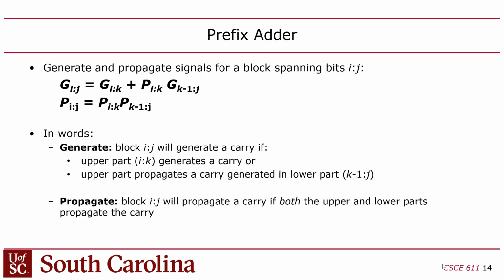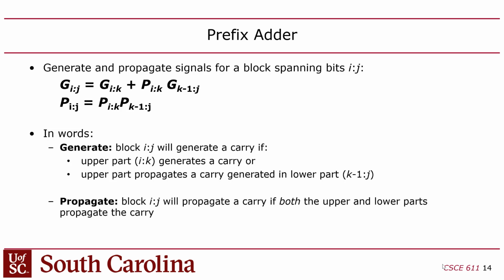It's generate plus propagate. It's the generate of the most significant part, right, plus the propagate of the most significant part times the generate of the least significant part, right?